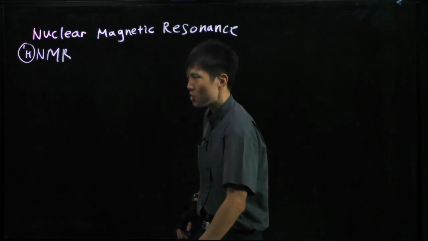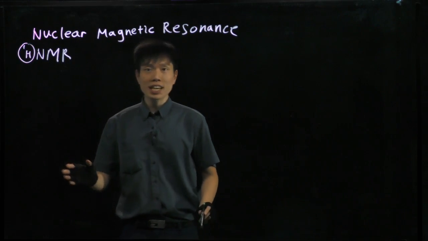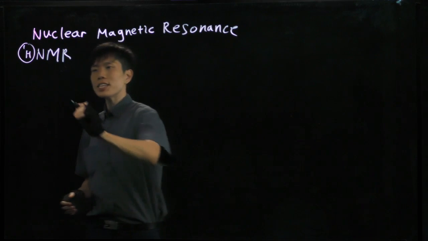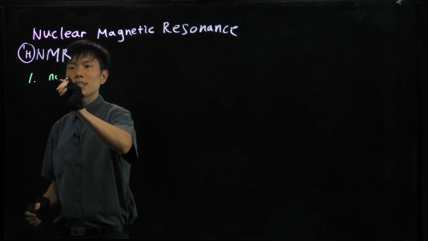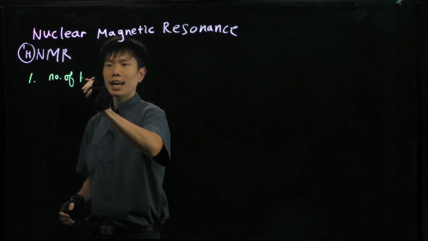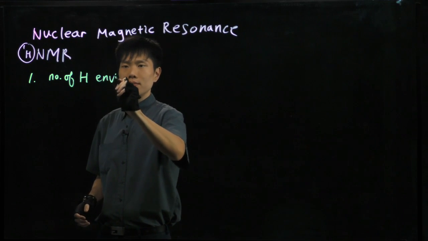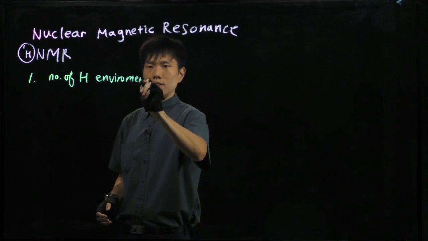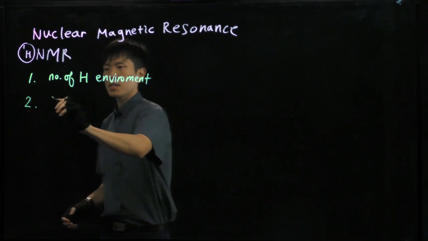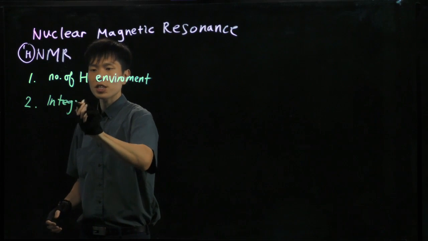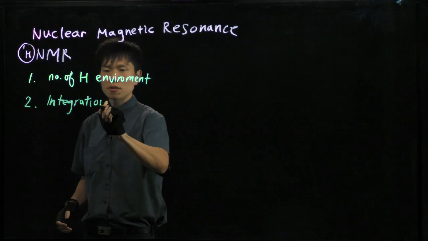There are a few principles in analyzing a molecule using NMR. The four key elements would be, the first, the number of hydrogen environments. Number two, the integration ratio.